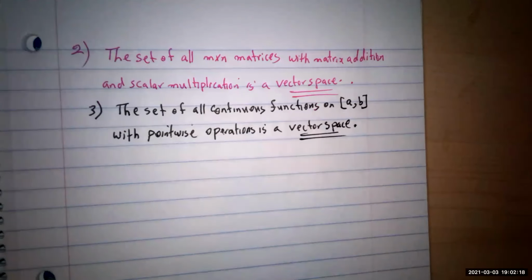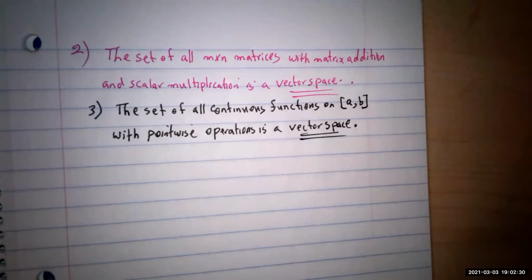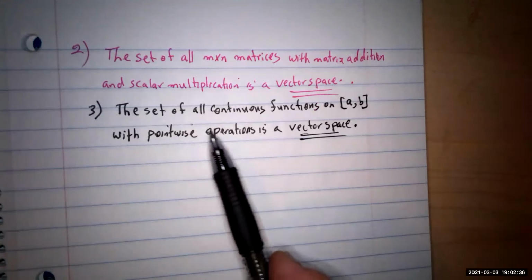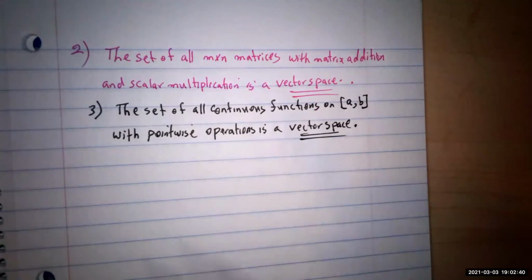Pointwise means if you add two functions, remember, f plus g is f of x plus g of x at any point. If you have two continuous functions, the sum of two continuous functions is a continuous function. So it's closed under addition. If you multiply a continuous function by a scalar, by 2, 3, 4, the result is a continuous function.